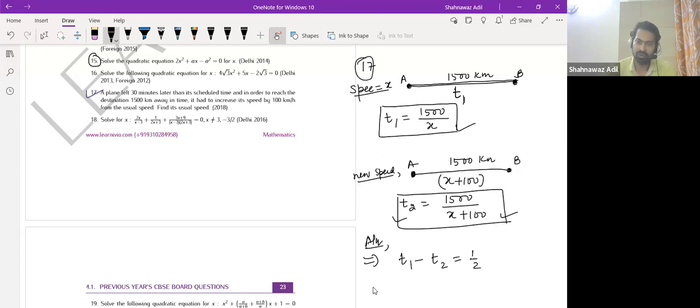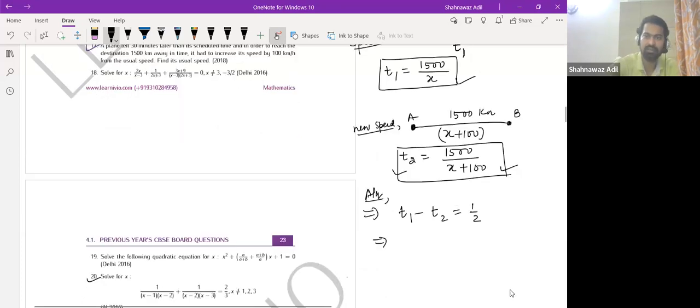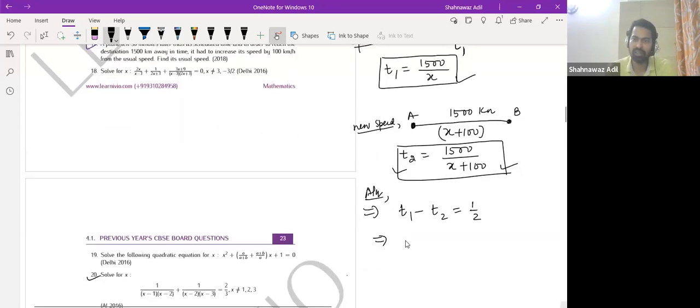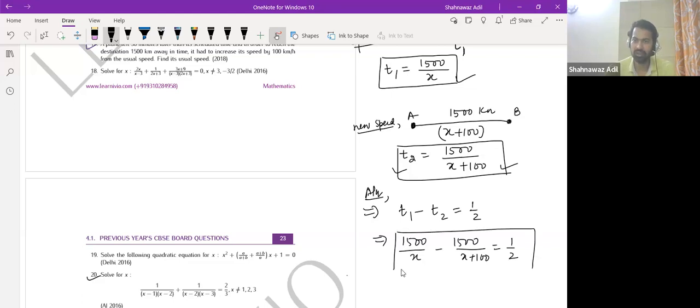Okay, so now the ball is in your court, guys. You solve these two. What is T1? 1500 by x minus 1500 by x plus 100. So now you guys solve this equation and tell me the answer.